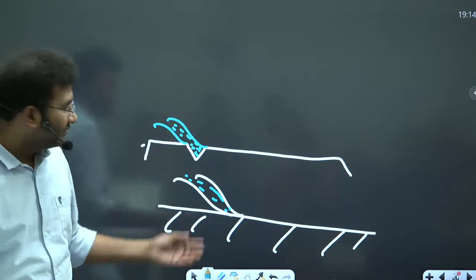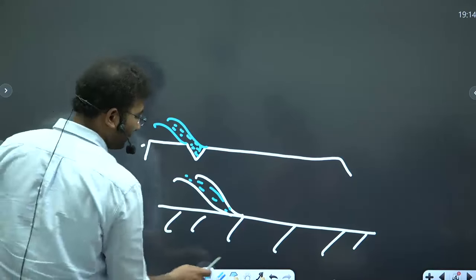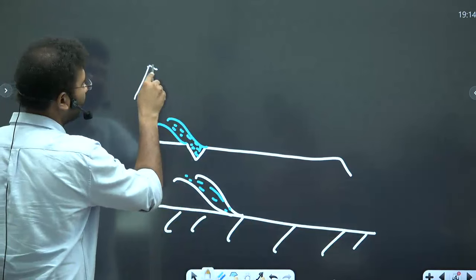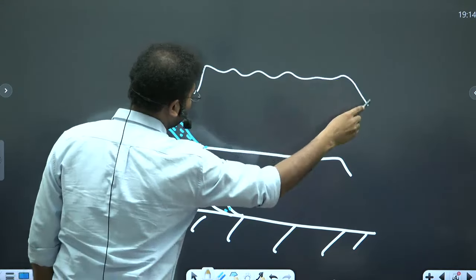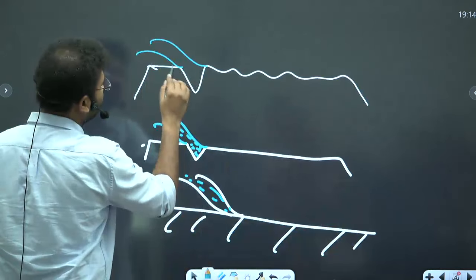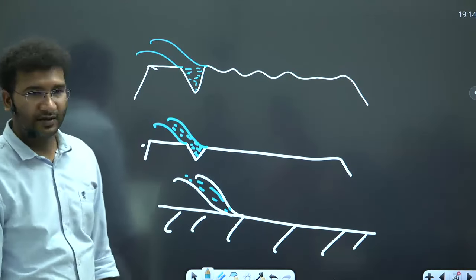Right? Again, if I am uplifting this area, crustal folding is also happening. Don't you think this is how the upliftment happens?